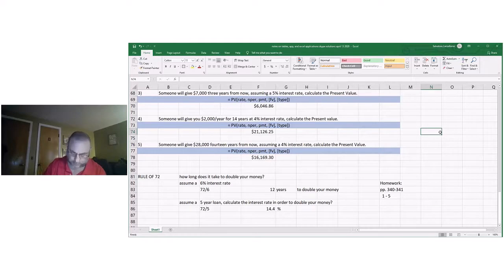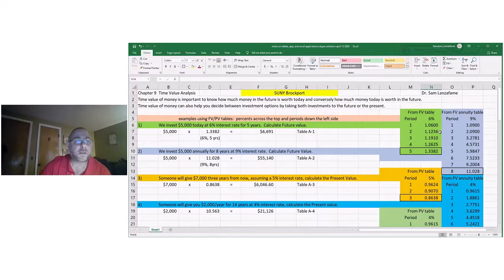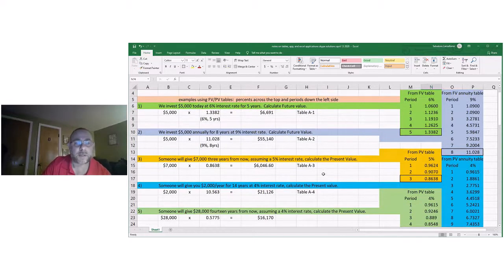So quick comment, because I'm looking at question number 2 and it says semi-annual and quarterly. So let me go back up here real quick to the first thing we learned. So if you had something where you had to do something semi-annually, right? So let's say this one here, 14 years, 4%.